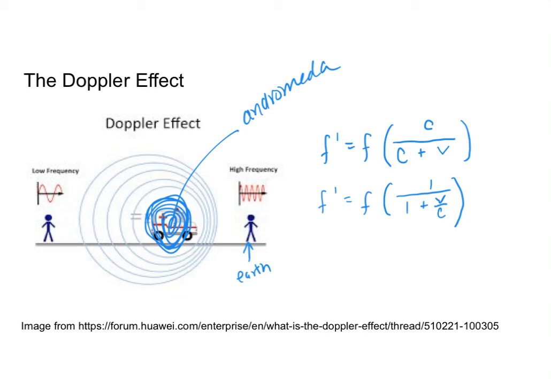So we can figure out what color we expect a galaxy, or more commonly something like a star, to look like, what we expect it to emit, and we can figure that out through a bunch of different things. But what we'll see is that if something is moving away from us, it is going to have what we call a redshift.